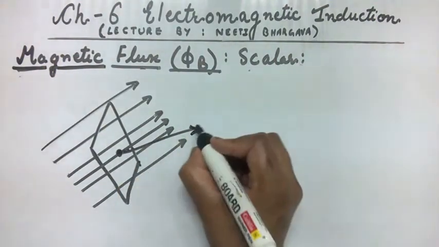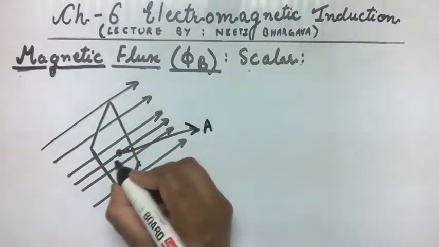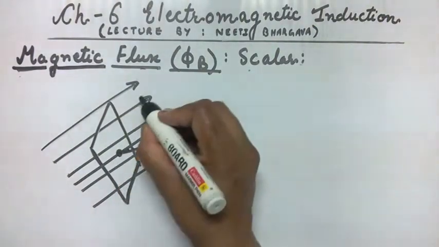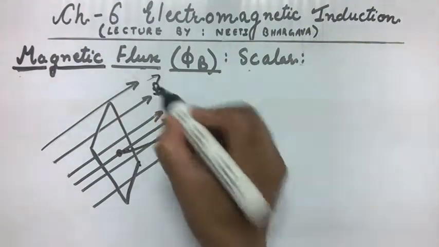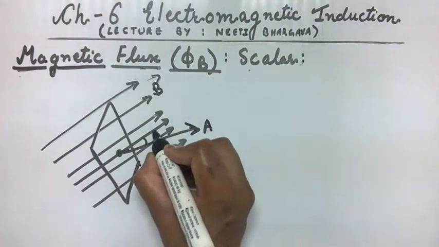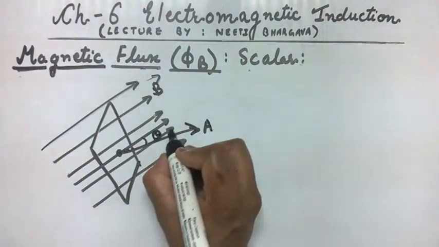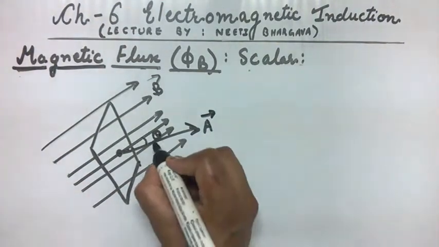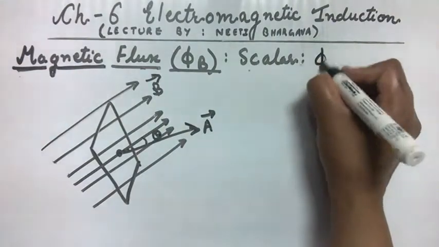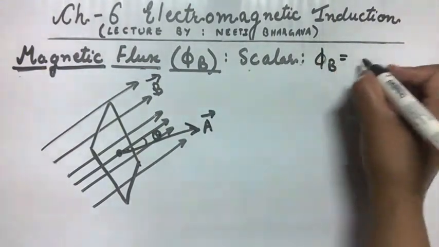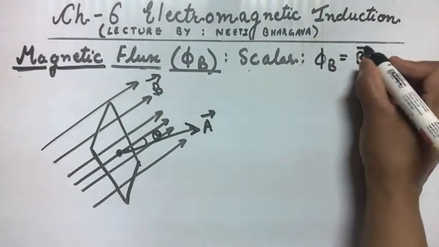The direction of area vector is perpendicular to this area, and this is the magnetic field. Magnetic field is making an angle theta with area vector. Thus phi magnetic field is equal to B vector dot A vector.